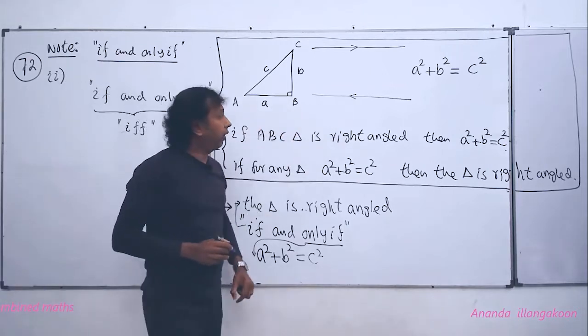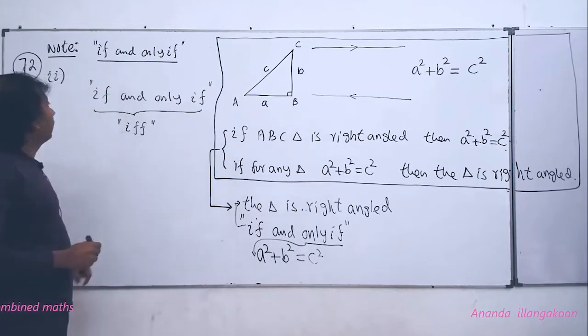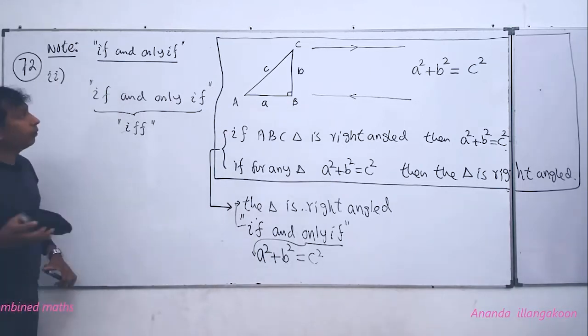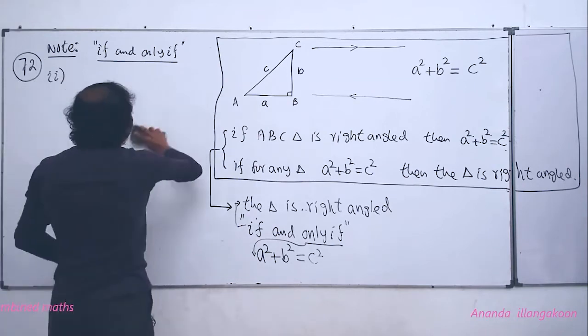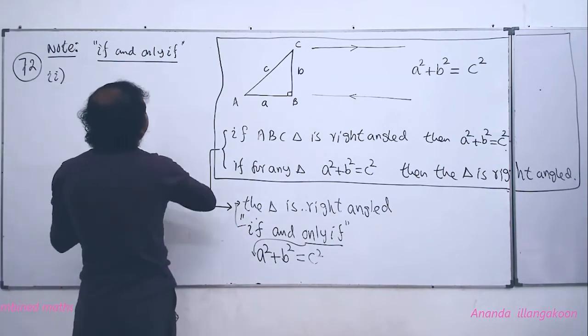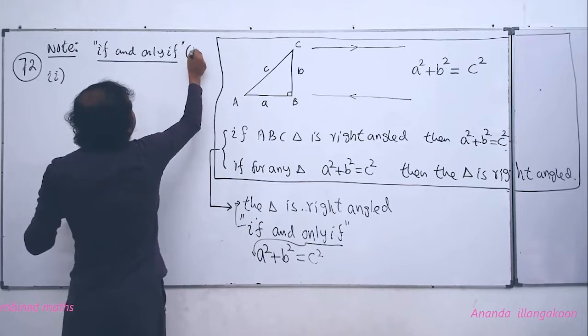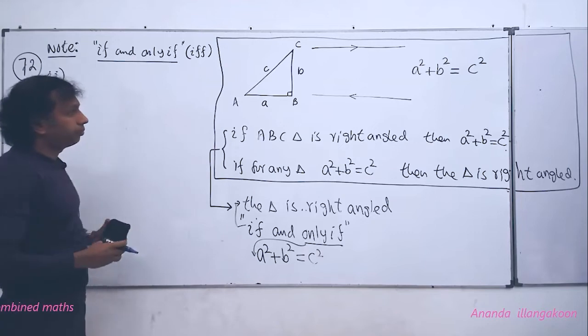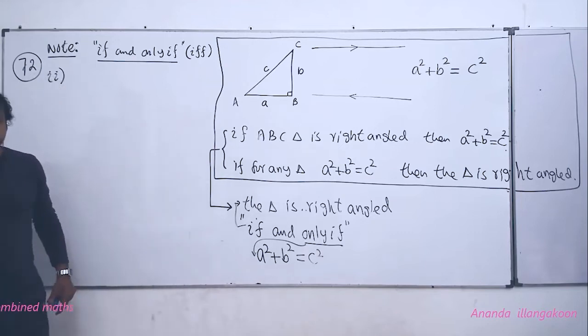First write down the note: if and only if. Sometimes we write this if and only if using the single word iff, double f. This also we can write within brackets.